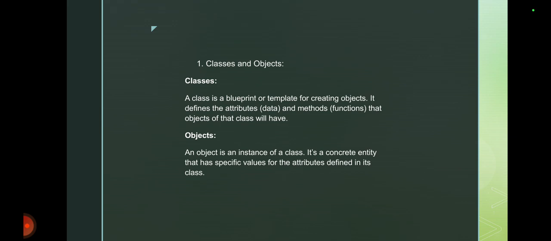An object is anything that really exists in the world and can be distinguished from others. Everything in the world is an object, for example, a table, a car, a dog, a person, etc. We'll see one example, then you can easily understand what is meant by class and objects.